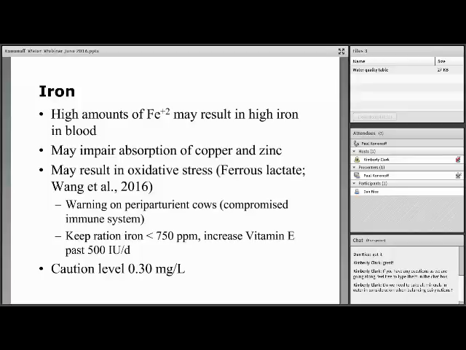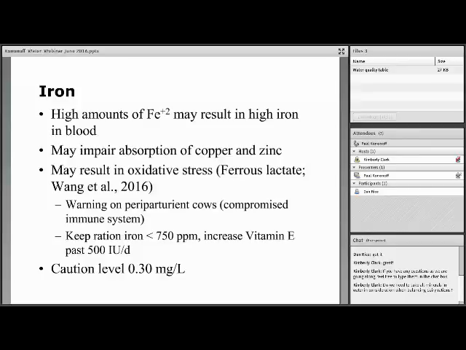Certainly in terms of health and productivity, we're often worried about animals in the fresh cow or periparturient phase, and they may have compromised immune systems. And so we need to think about iron in water and perhaps some health issues that could predispose these animals to some problems. So some great research clearly showing that iron in water may cause oxidative stress in some animals.